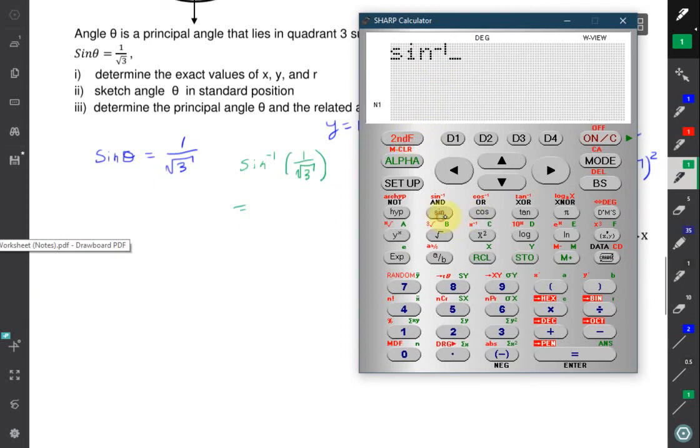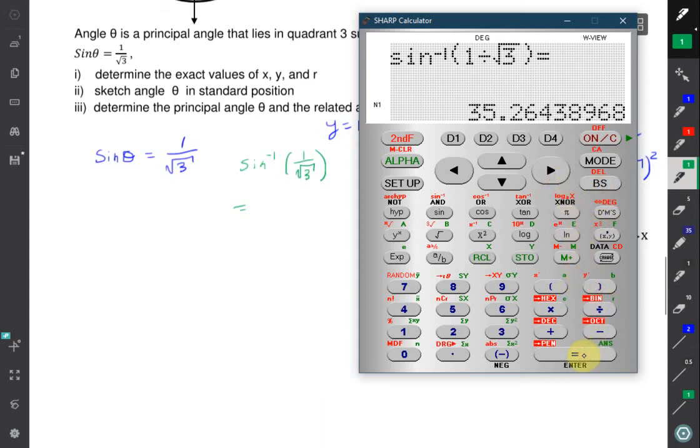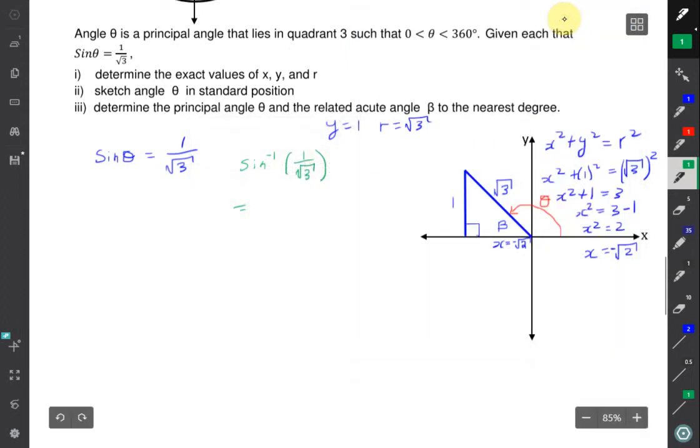Second function, sine of 1 divided by the square root of 3, and that equals 35.3. So once again, that answer is beta because it's less than 90 degrees. So the calculator gave me beta.